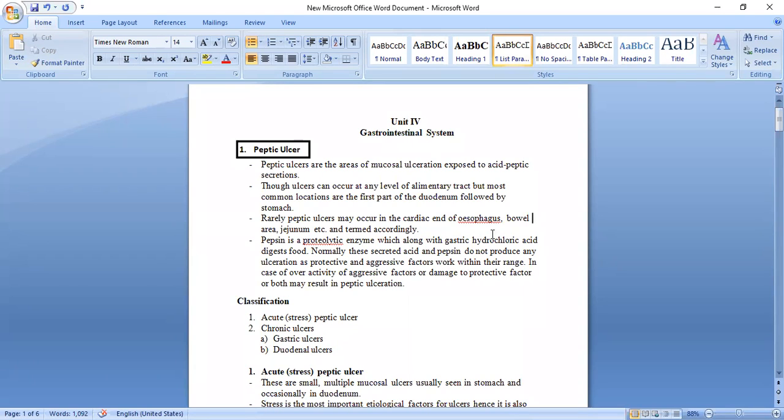The duodenum, jejunum, ileum, isn't it? Small intestine, second part. Okay, let it be, and termed accordingly.